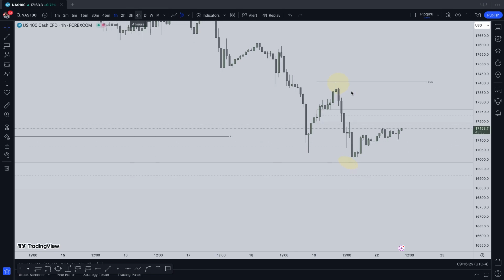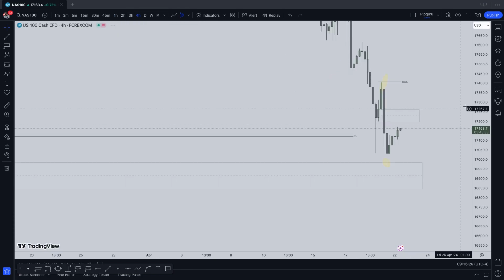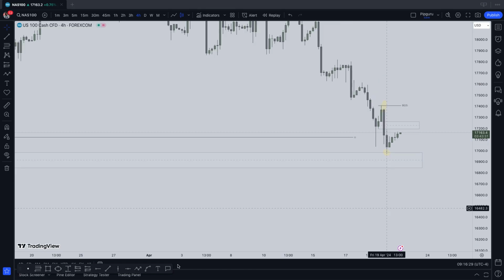So not much on NAS 100 apart from if we can get a tap into this level, then come lower, that would be good, because as I said, I don't really like this weak move alone into this fair value gap. I want to see a deeper retracement before pushing higher.